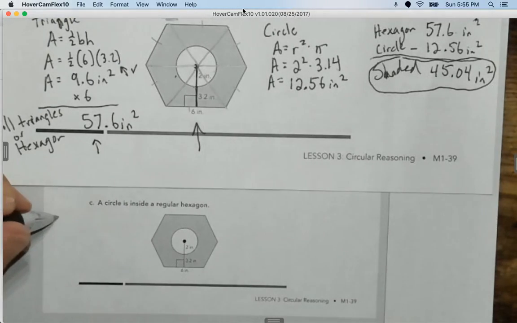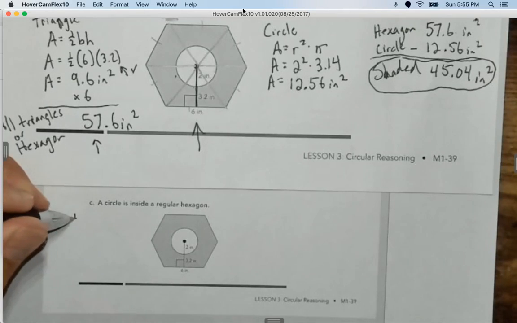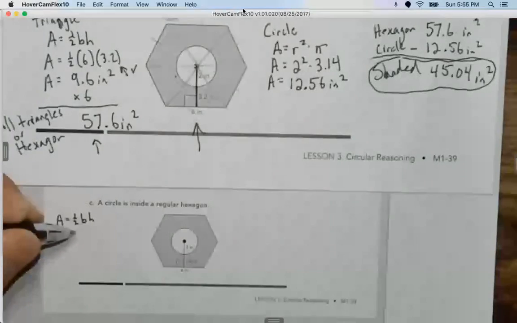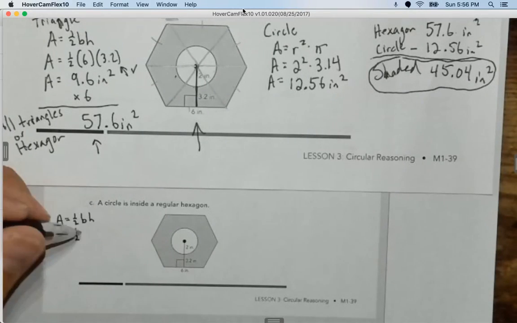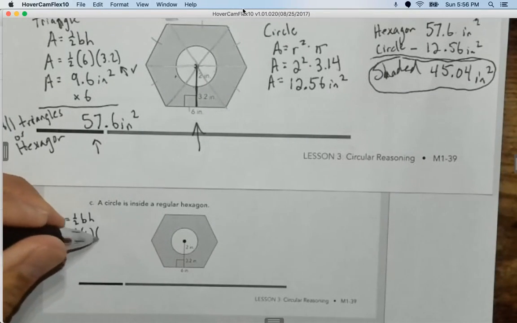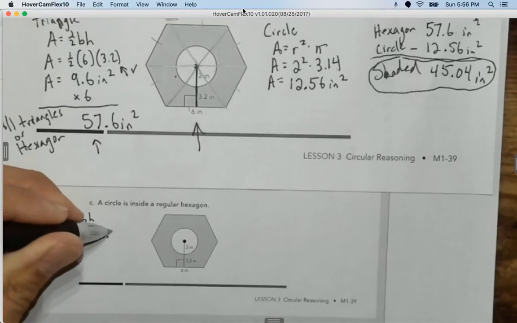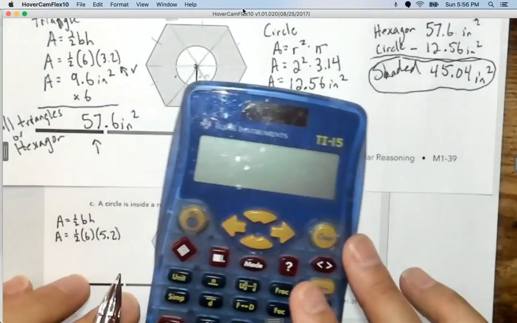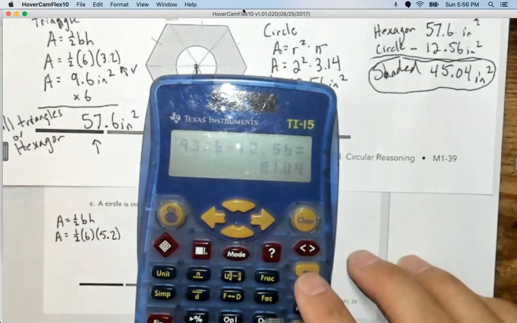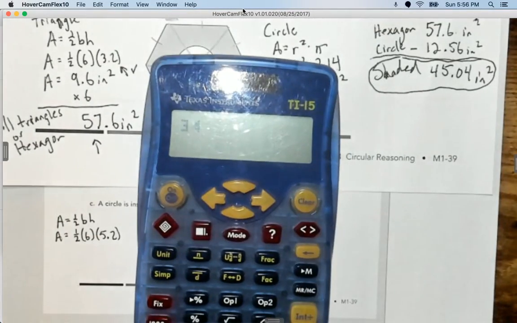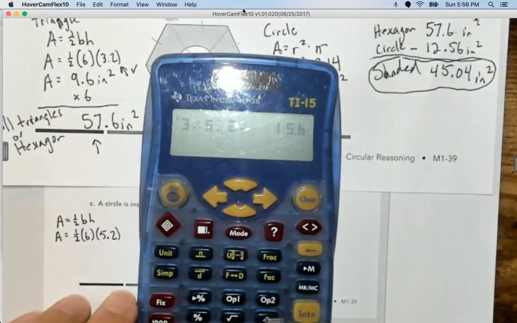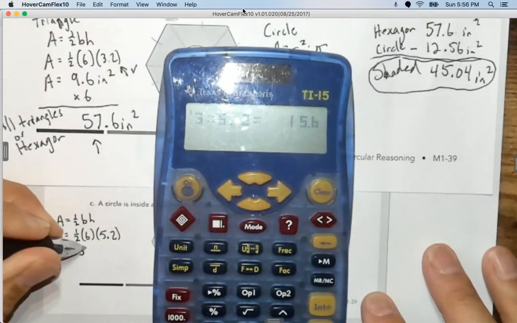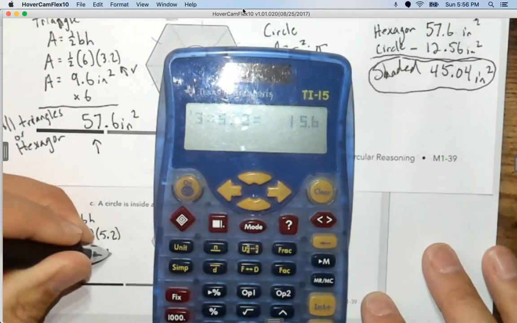It would still be how I solved it. The only thing that changes here is going to be 1/2 of 6 times 5.2 instead of 3.2. When I calculate that out, I get 15.6 inches squared.